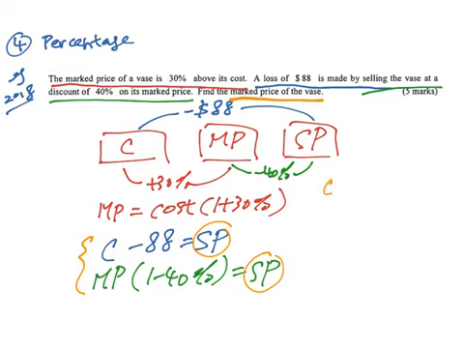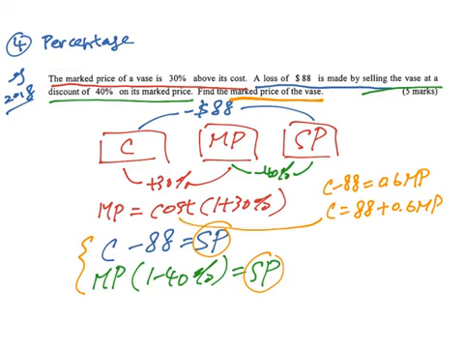So cost minus 88 is equal to 0.6 the mark price. That means cost is equal to 88 plus 0.6 mark price. Then we'll substitute this C into here. So the mark price is equal to 88 plus 0.6 mark price, times 1.3, because 1 plus 30% becomes 1.3.